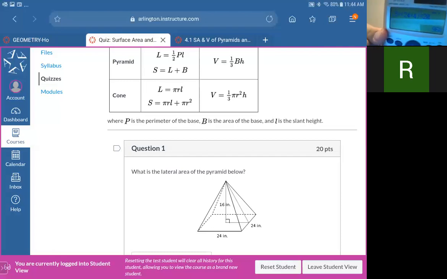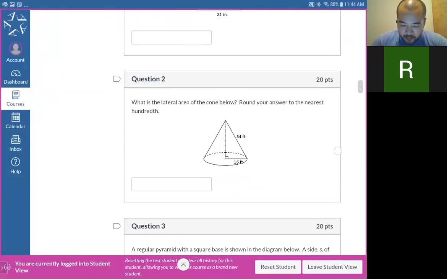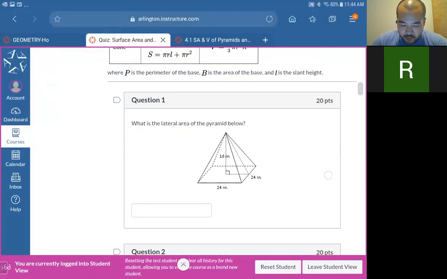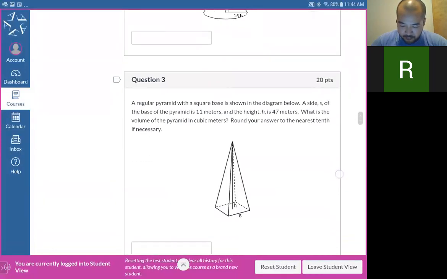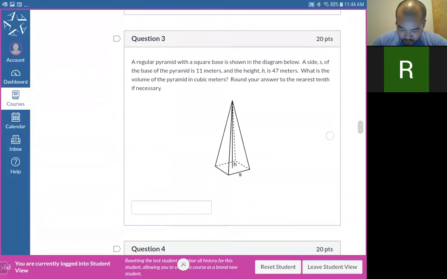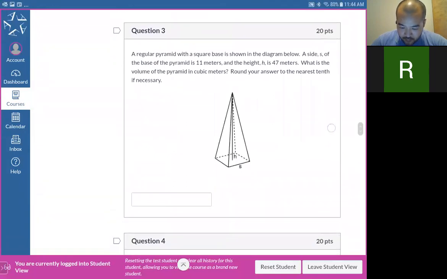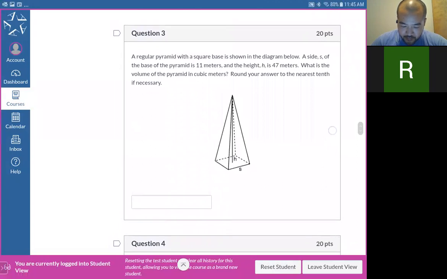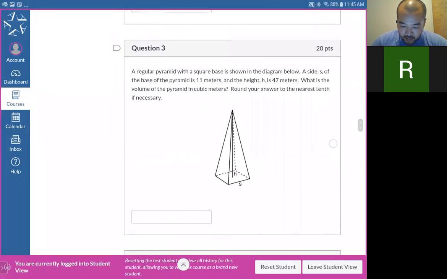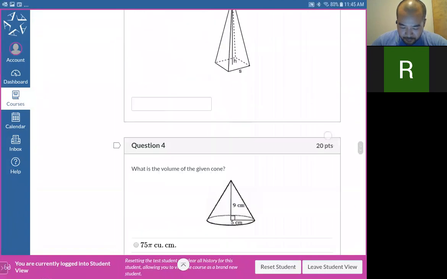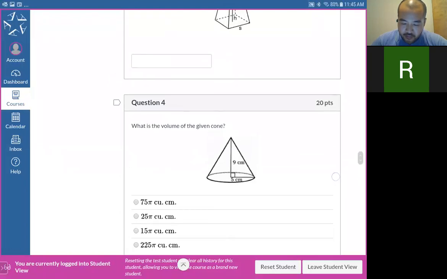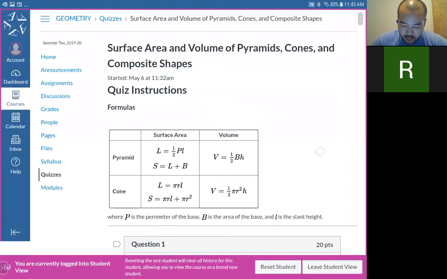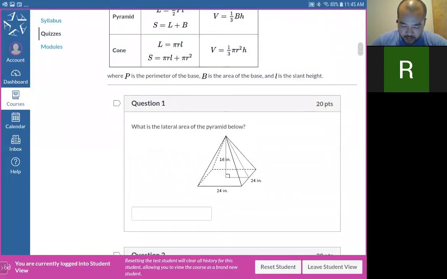That's my number 1 at least. Lateral area of the cone. For that one, you do pi times 16 times 34. That's it. What's the volume of this one? For this one, you do square base, 11 squared times 37. Volume of the cone. What's the formula for volume of the cone? 1/3 pi r squared h.